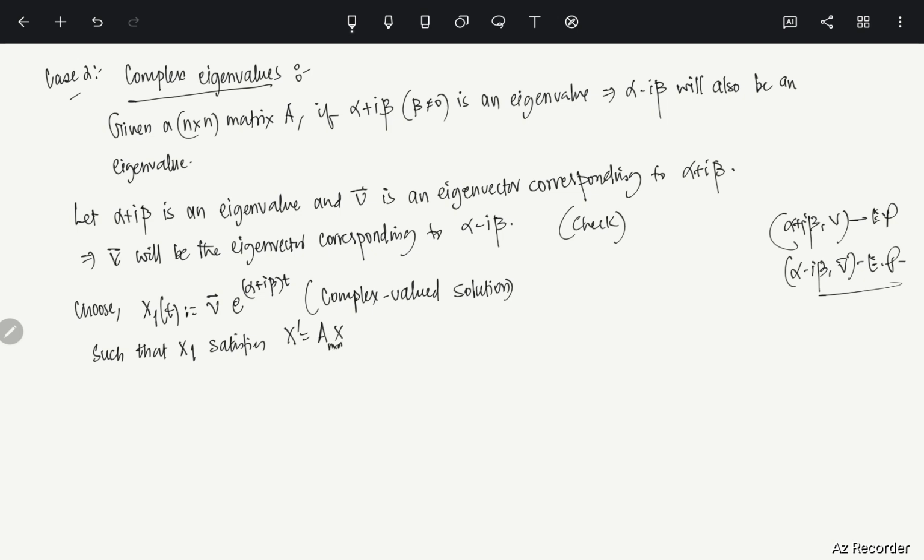Please remember, a is a real, n cross n constant matrix. So a is real, but the solution which you are going to get here, in this case x1 of t, we are choosing it in such a way that, let the complex valued function, so here I should not write it as a solution, I should write it as a function, let this complex valued function solve the system x prime equals to ax. That's what we are assuming. Clear?